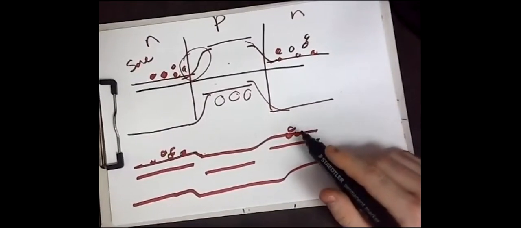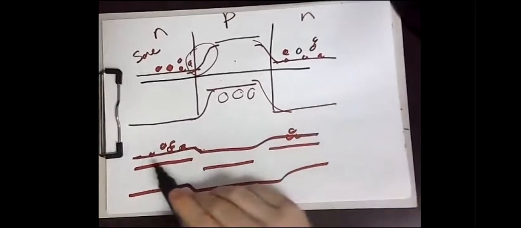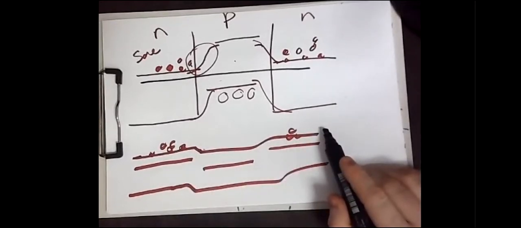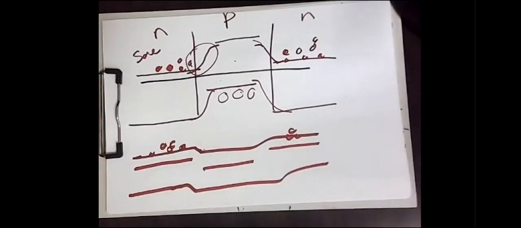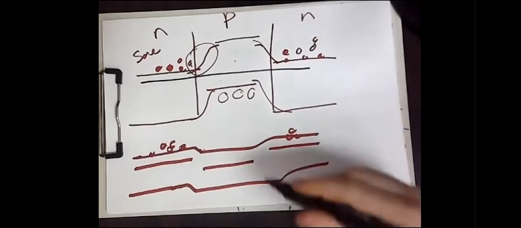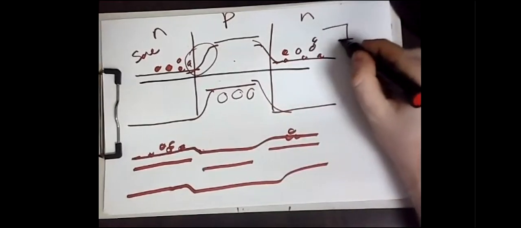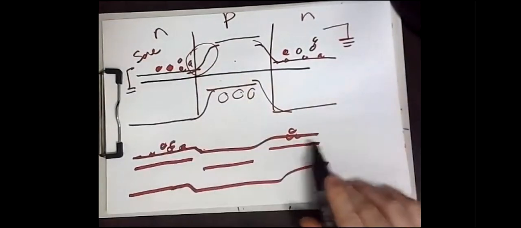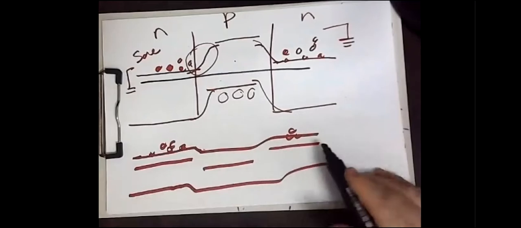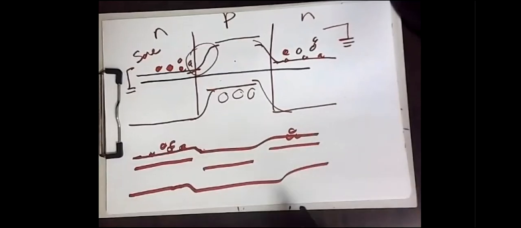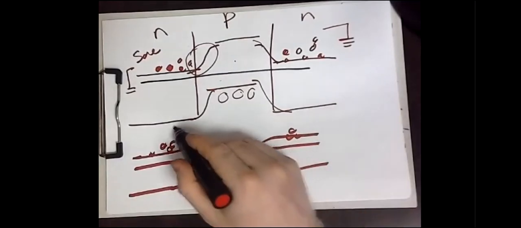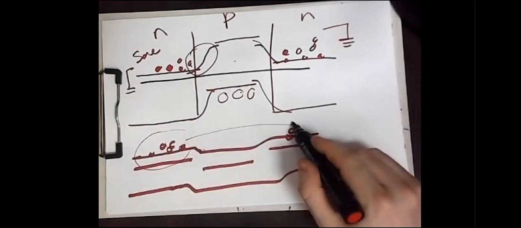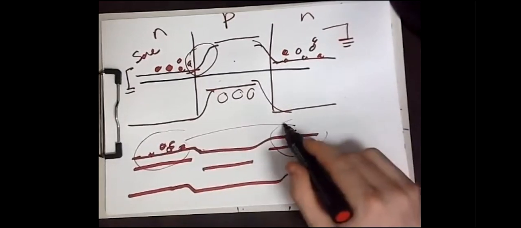But the question is, why should this electron move? If you return back to the slides, you will find that I put the drain to the ground and the source to the ground. So these two potentials are equal, on the same level. So theoretically speaking, there is no reason for these electrons to move to the right, or for these electrons to move to the left.